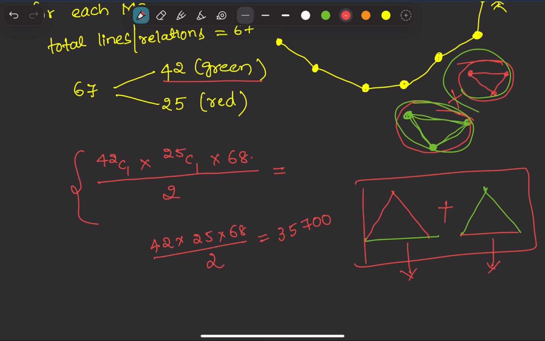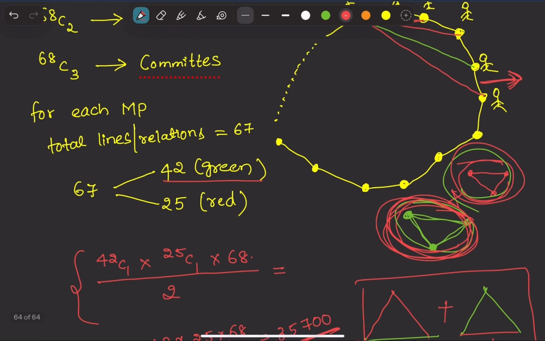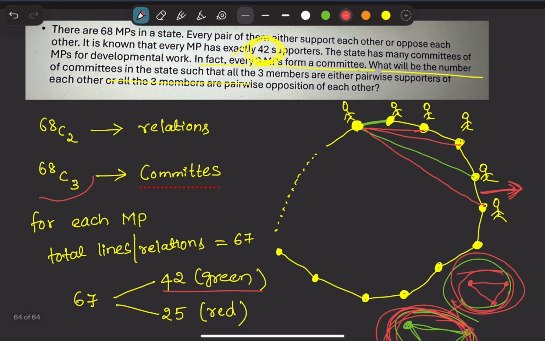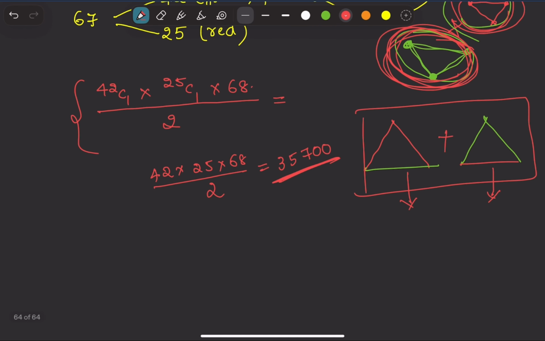35,700. Now if you subtract this quantity from the total number of triangles, you will get the number of triangles of this type plus the number of triangles of this type, which is what is asked in the question. So now the total number of triangles is simply the number of committees, which is 68C3. If you calculate, you will get 50,116.